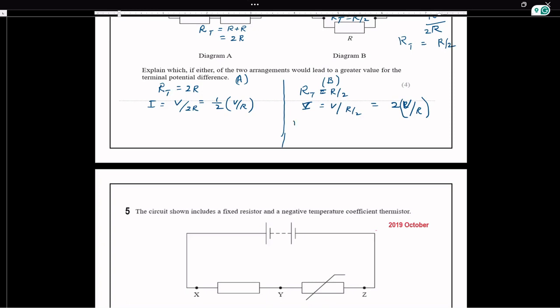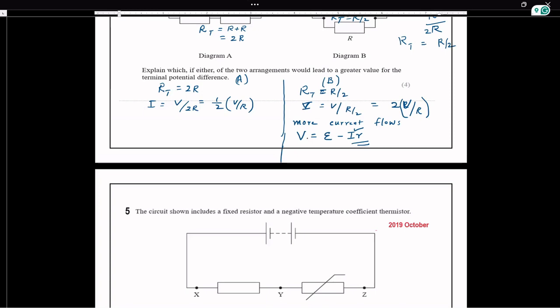So I'm writing this part first. More current flows. Here we are not ignoring the internal resistance, so the terminal PD is given by the equation E minus I times R. More current flowing means more lost volt. Therefore, the terminal PD decreases.